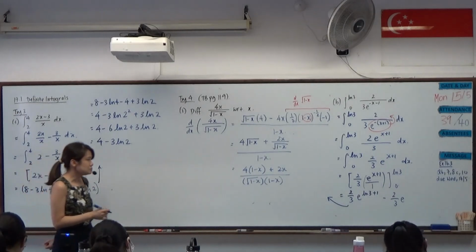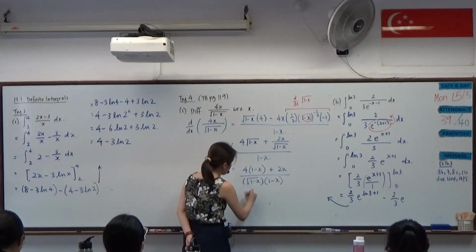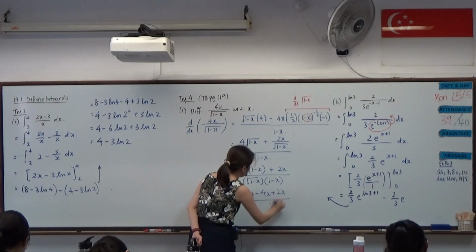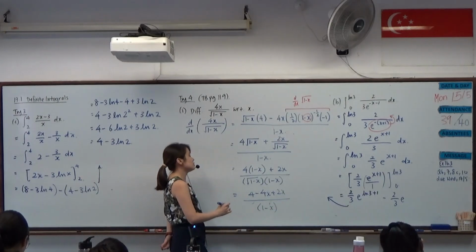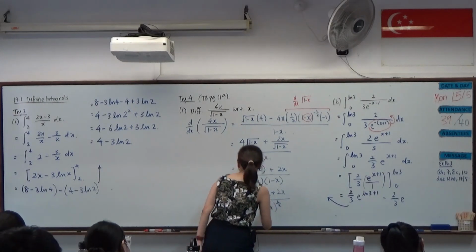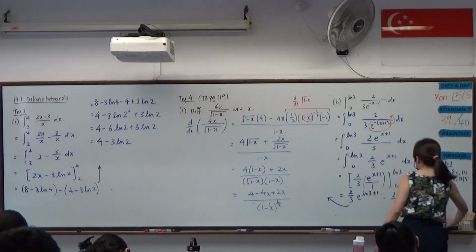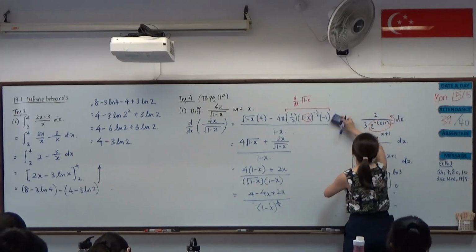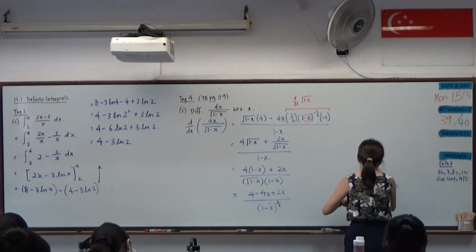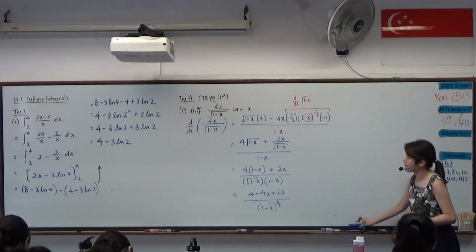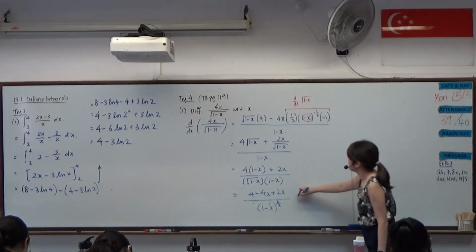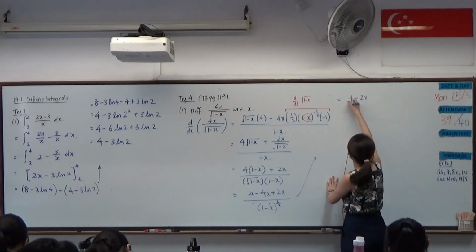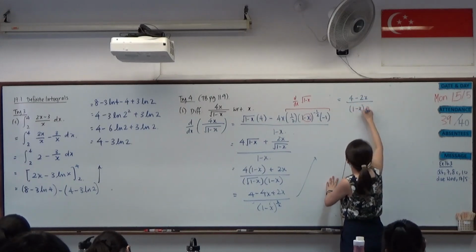Then we get 4 minus 4x plus 2x over 1 minus x to the power of 3 over 2. And simplify further, you will have 4 minus 2x over 1 minus x to the power of 3 over 2.